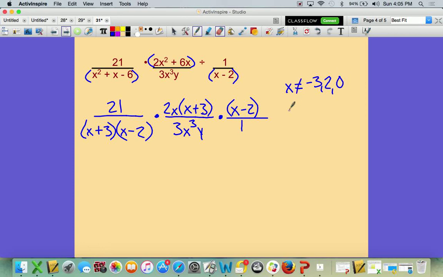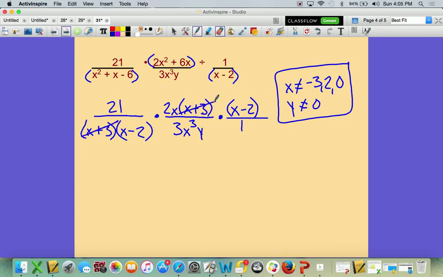And then, if you look at this from the y perspective, if we say x is any number but 0, well then y can't equal 0. So there are our excluded values, and then we just simplify our expression.